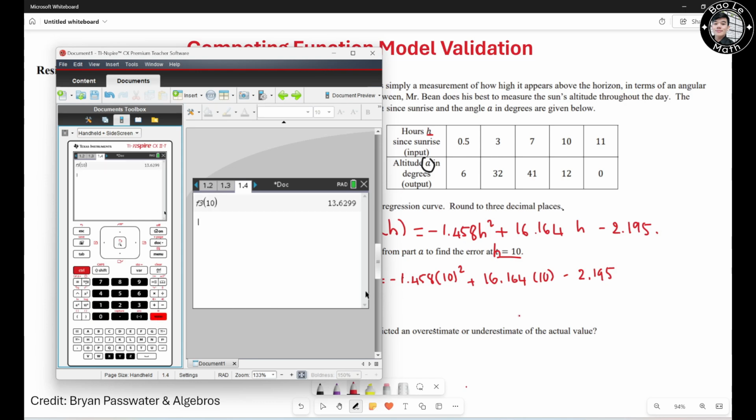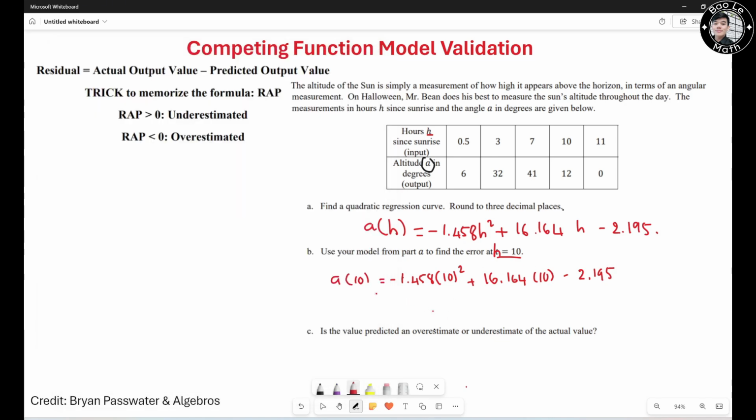So your answer is 13.629, right? So it equals approximately 13.629. Alright.